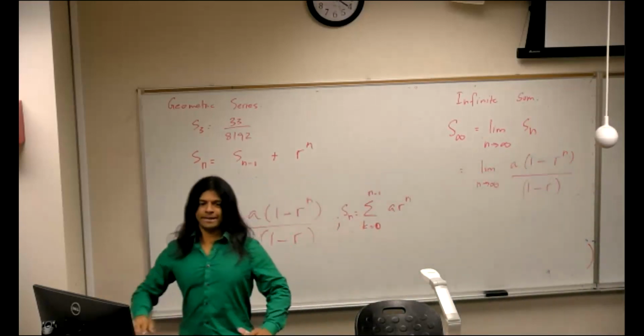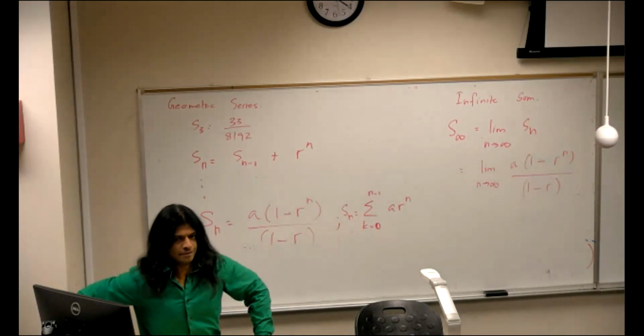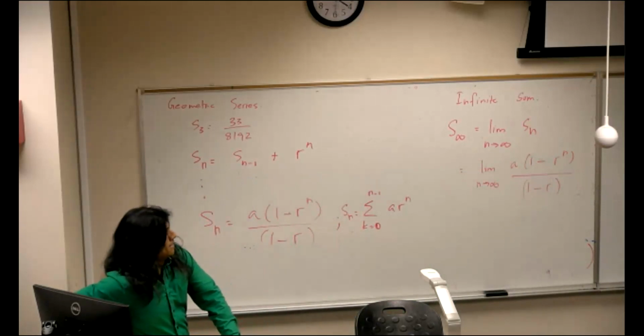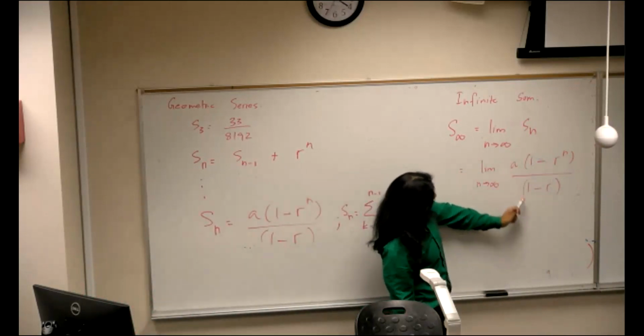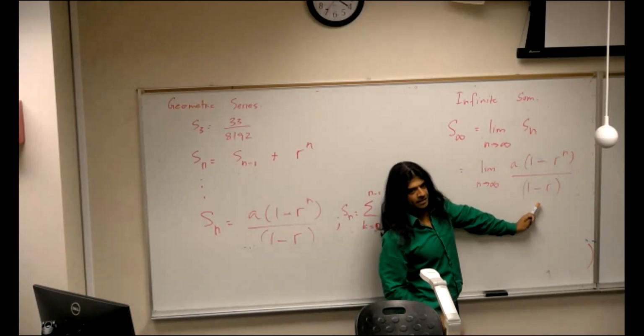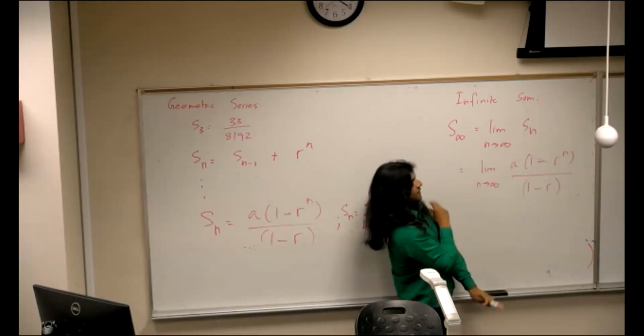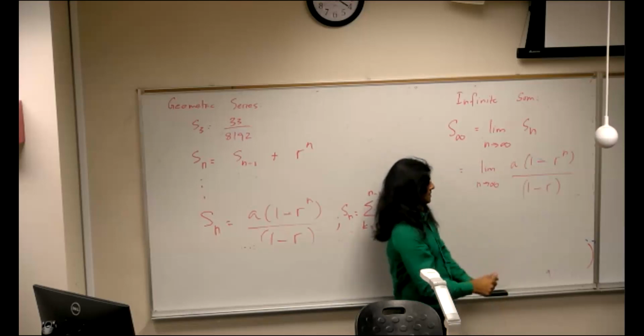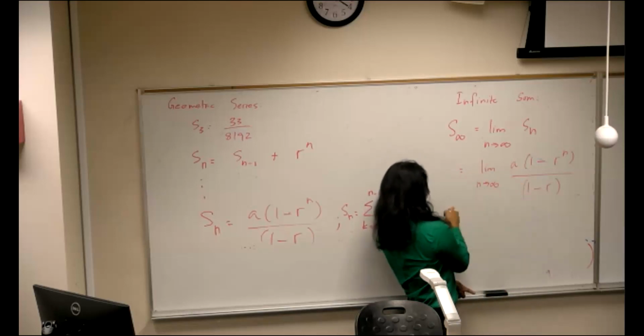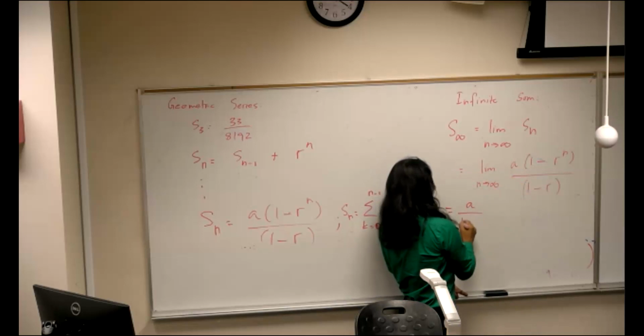Let's see if we remember calculus 1. A is a constant, 1 minus r is a constant. Can I pull those out of the limit? Yes. So a can come out, 1 minus r can come out.